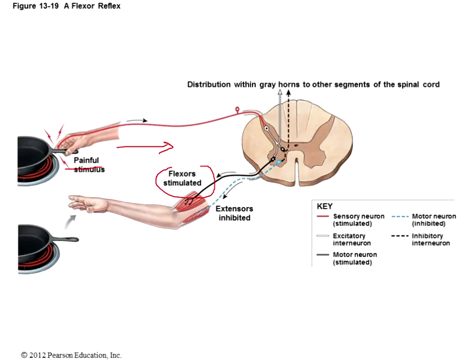You may also see inhibition of the extensors to allow that muscle to contract. We'll talk about that a little more in a minute. As you can see, there are 1, 2, 3, 4 synapses here. So poly, more than one. That's a great example of a polysynaptic reflex.